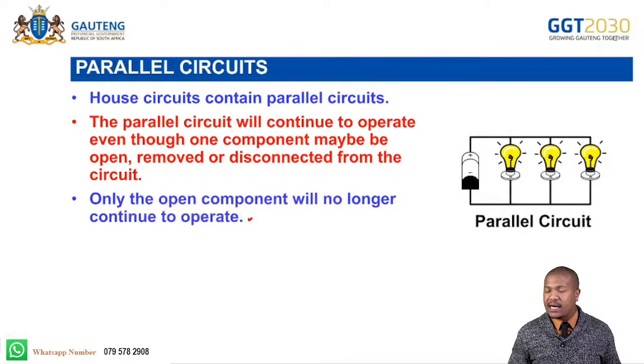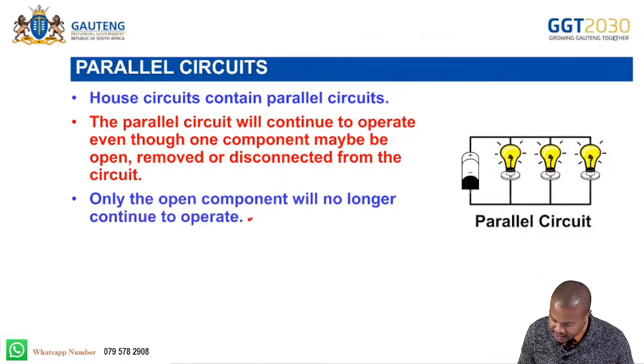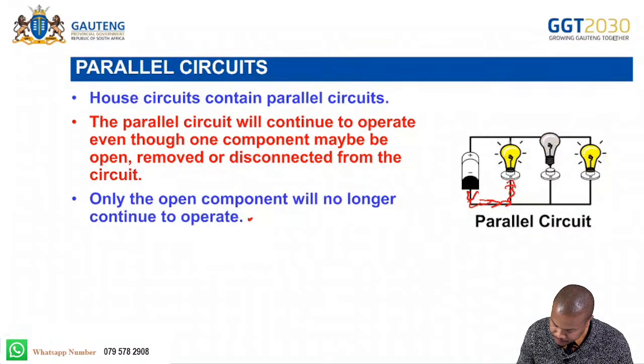Looking at this example again, this is a parallel circuit. Current is moving in this direction, and also it can branch to this direction. It can continue to move in this direction where it can branch again, and also it can move to the third light bulb.